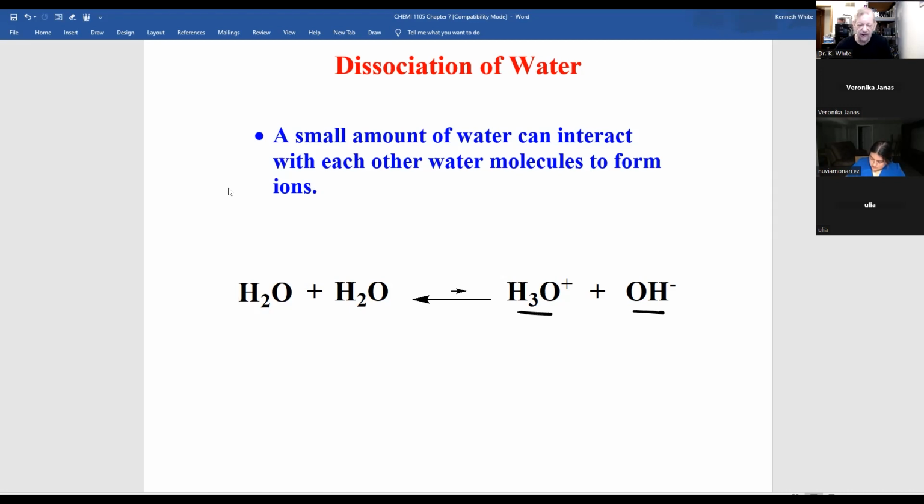If you notice, the arrows aren't the same. That's because only a very little amount goes to form the hydronium and hydroxide. But this little amount plays a tremendous role in our daily life. This is called the association of water.